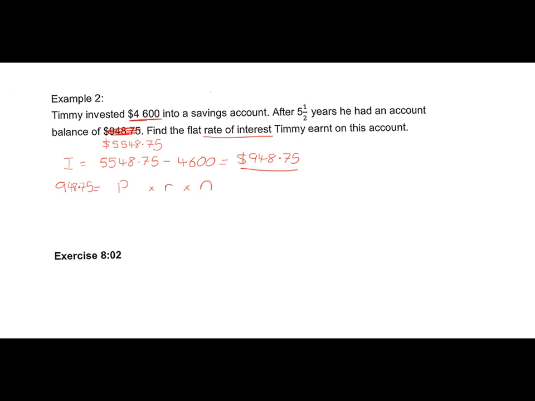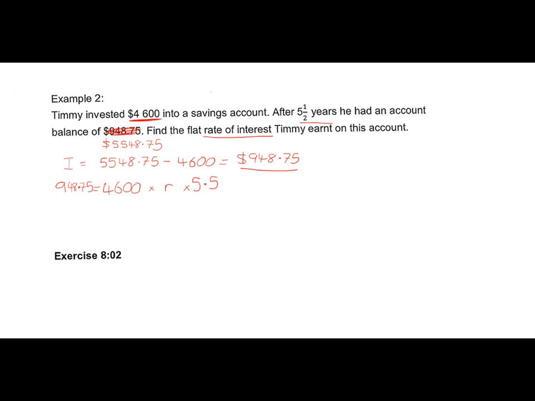P, the principal, if we look back at the question up at the top, we were told that was $4,600. So let's replace the principal with $4,600. Don't know the interest rate, we're trying to find that. And we're told that the number of time periods at the top was 5.5 years. Let's use a decimal to make it a little bit easier. So 5.5.